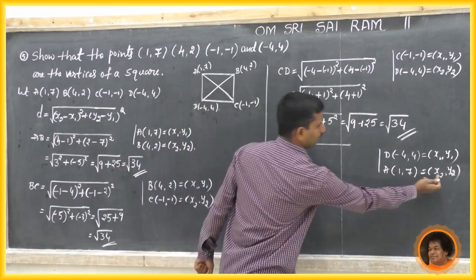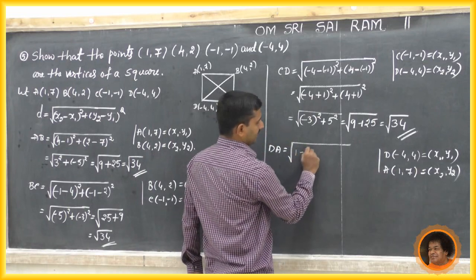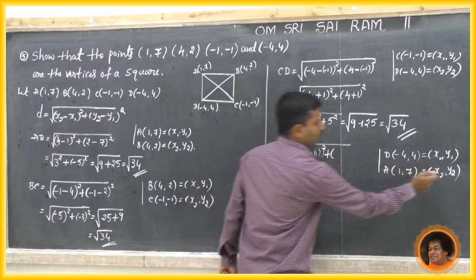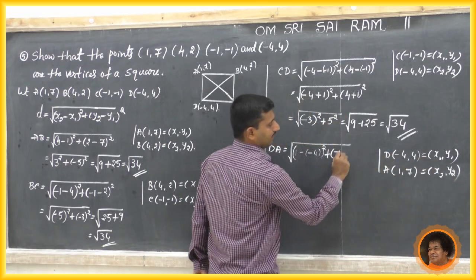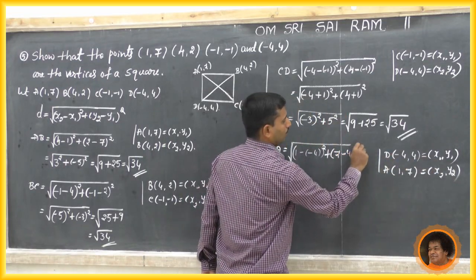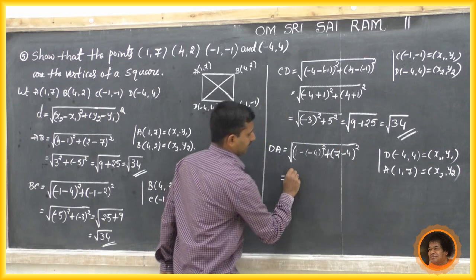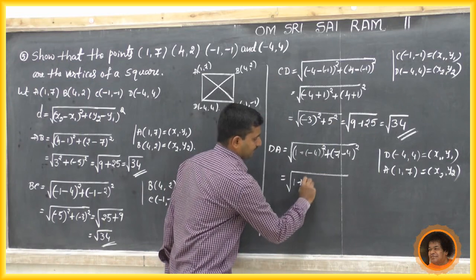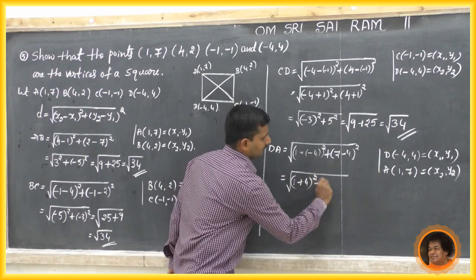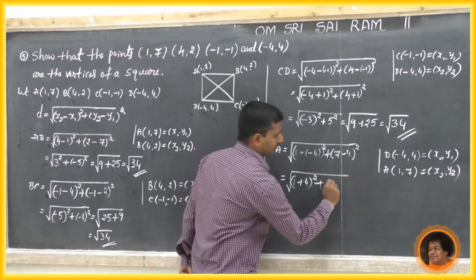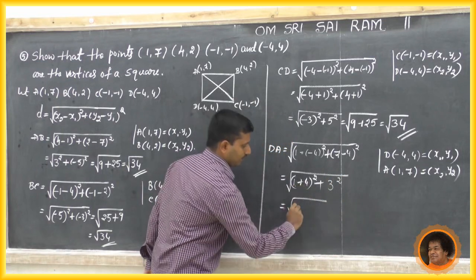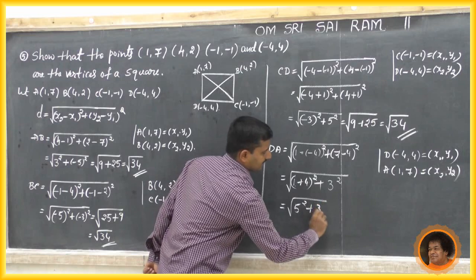X2 minus x1 whole square, 1 minus of minus 4 square plus y2 minus y1, 7 minus 4 whole square. Now simplify, equal to square root of 1 plus 4 whole square plus 7 minus 4, 3 square. Which is equal to 1 plus 4, 5 square plus 3 square.